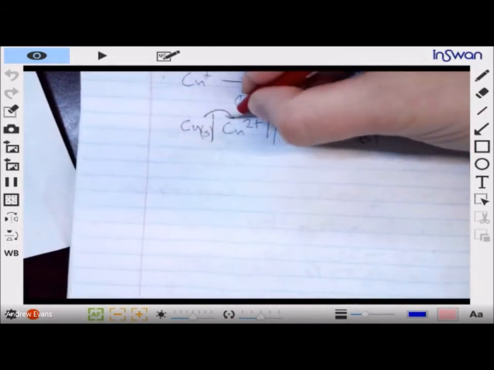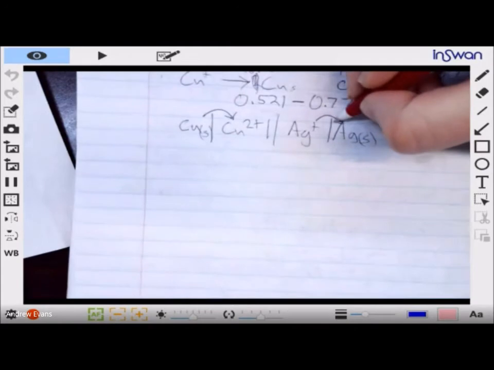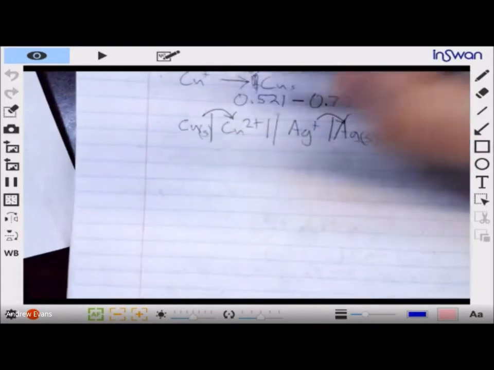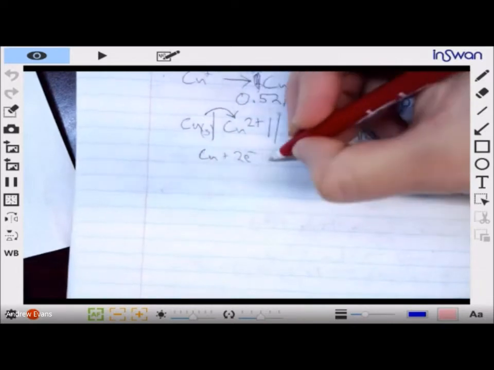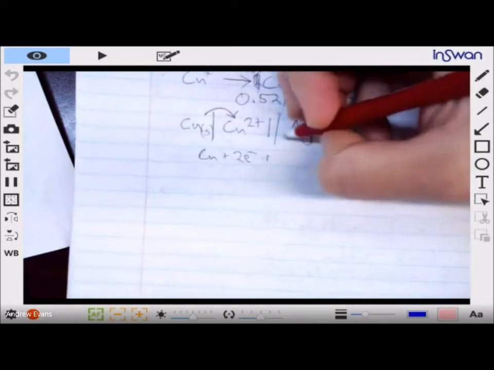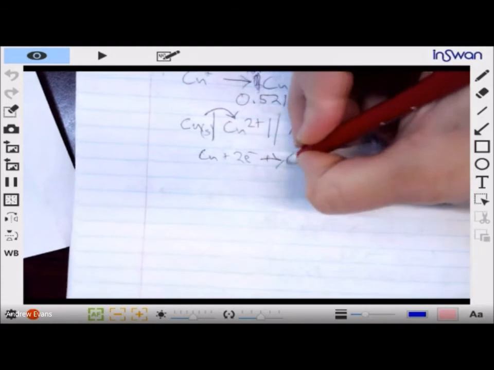Copper is going to Cu2+, silver is going to Ag+. So I need to find what this is. Cu2+.